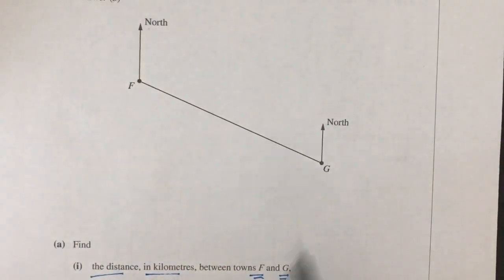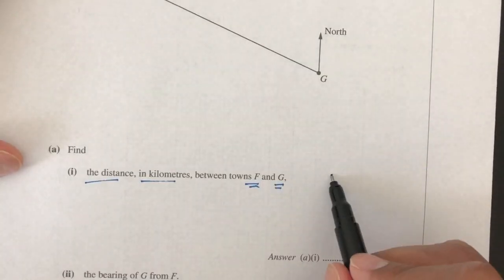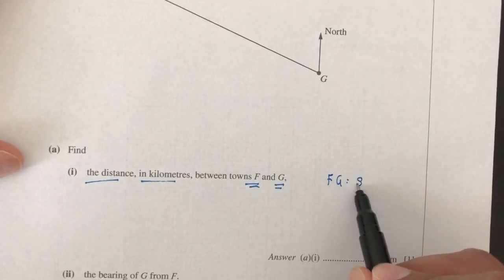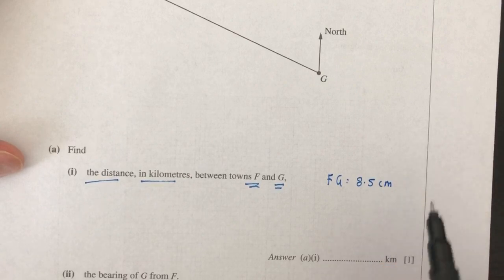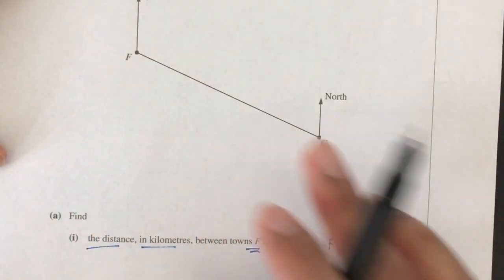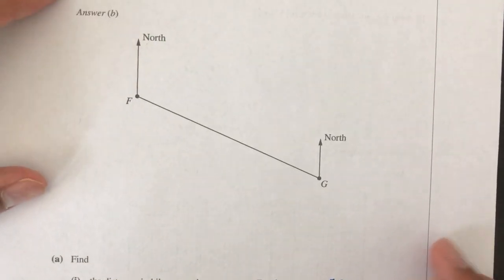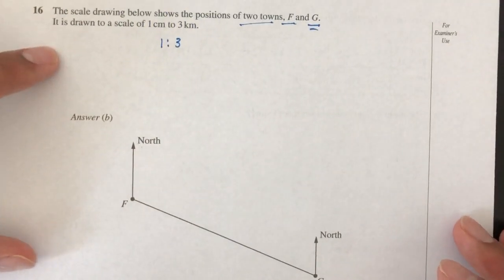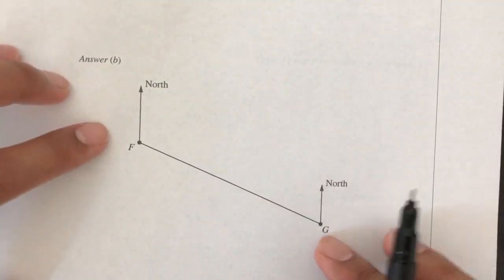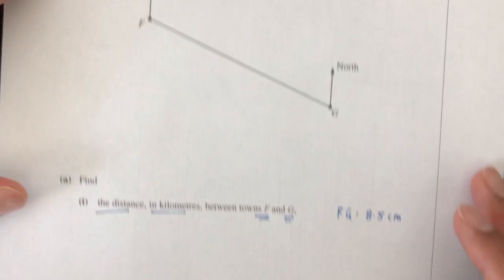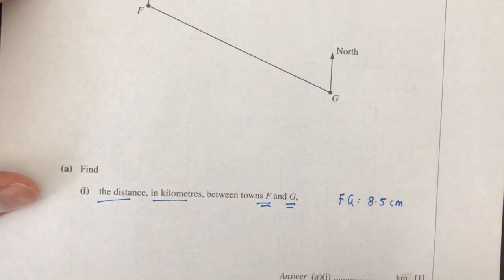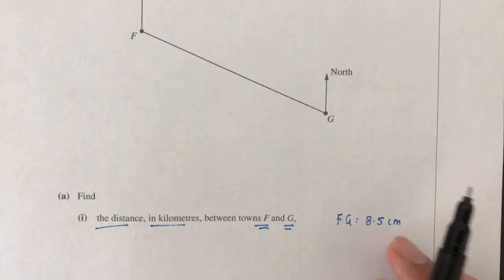So F and G, for me, it shows to be 8.5 centimeters. So my value will be different here, and the reason is because when I print the paper, it's actually zoomed in, so that's why it will be a bit bigger than usual. So your value will be different from this one. But you have to do the same thing.